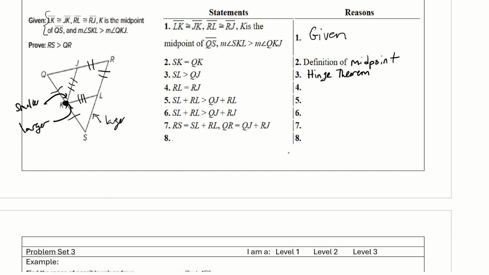Now we can say RL equals RJ. How do we know that? Because RL is congruent to RJ, so it must be equal. That is by definition of congruent segments.